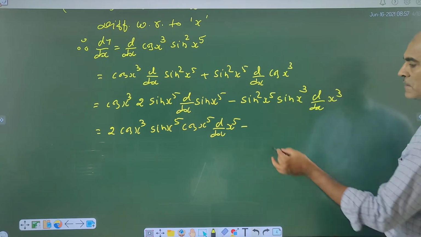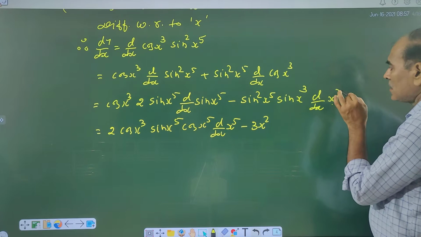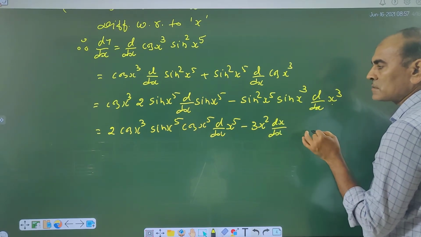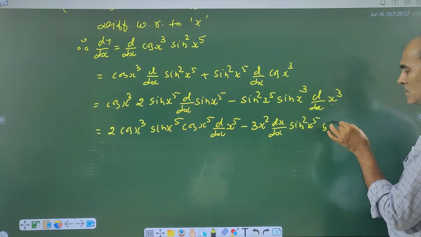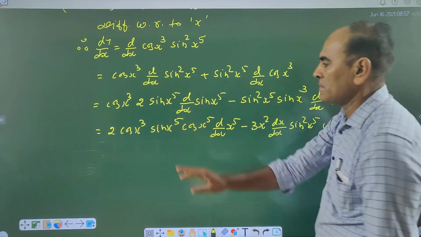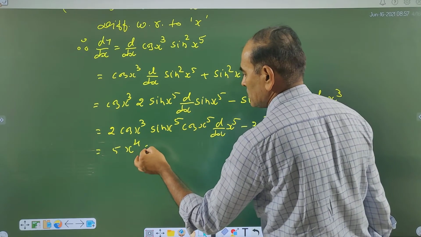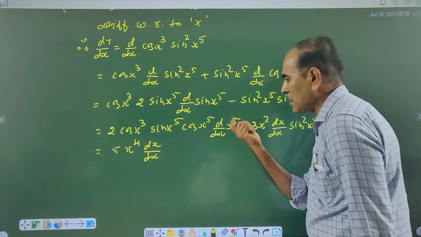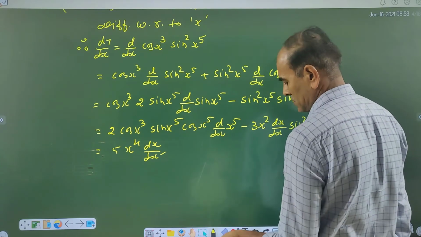Write last derivative first: 3 times some function raised to n, into some function raised to n minus 1, d by dx of some function, into sin square x raised to 5 sin x cube. Now write last derivative first: 5x raised to 4, d by dx of some function raised to n, some function raised to n minus 1, d by dx of some function.